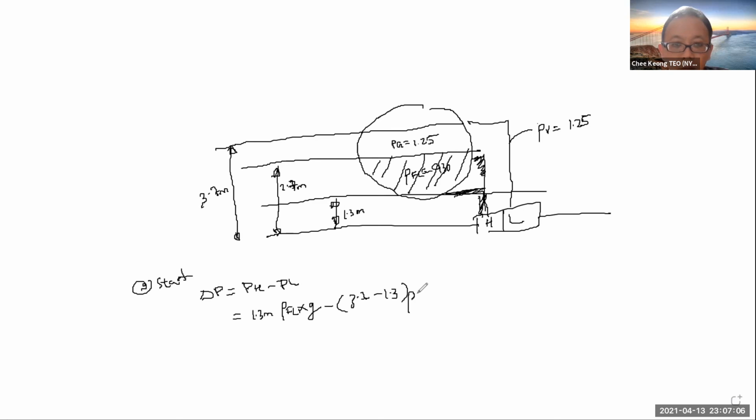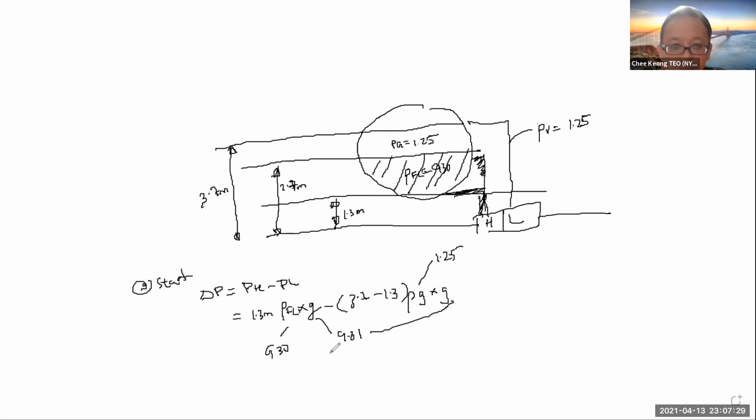Then you have rho gas multiplied by G. Now rho gas is 1.25, and G is 9.81, both this G and that G. Rho FL is 930.